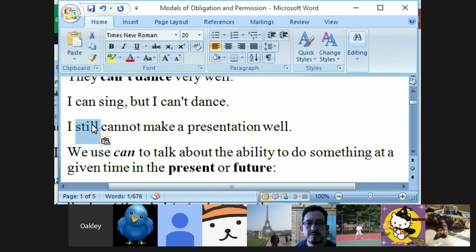I still cannot make a presentation well. That would be a very ordinary way to speak it. I still can dance. Even positive or negative, it would be very normal to emphasize the adverb.